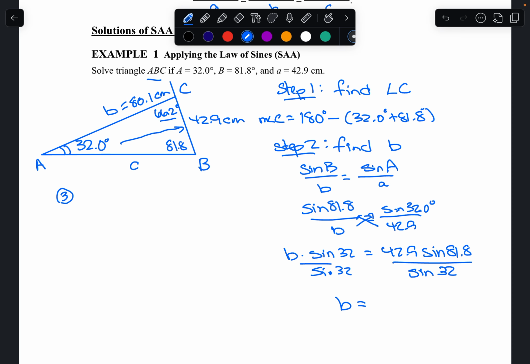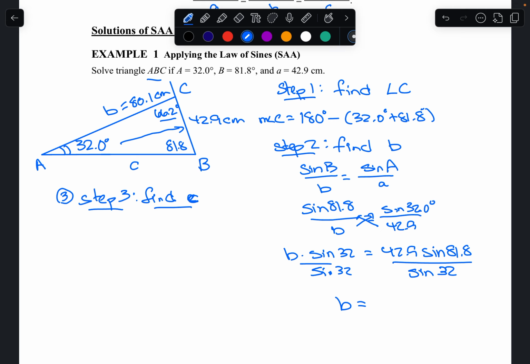And then step 3, well, you got to find C, your other unknown side. Now, don't be tempted here, because you'll be tempted to say, oh, I've got two sides of a triangle, I can automatically use the Pythagorean theorem, because you can't, because it's not a right triangle.